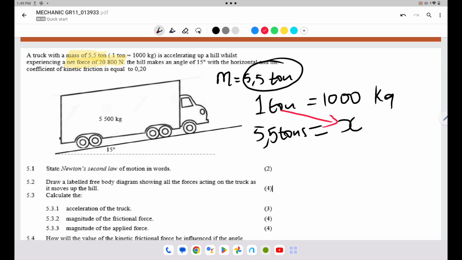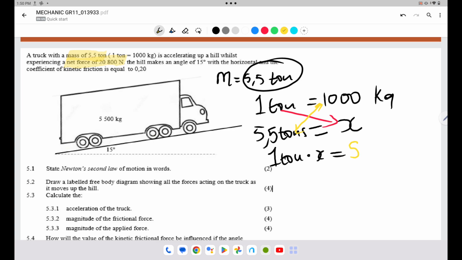So you have 1 ton times x equals, cross multiply again, 5.5 ton. So I'm going to multiply the numbers together. 5.5 multiplied by 1000, I have 5500.